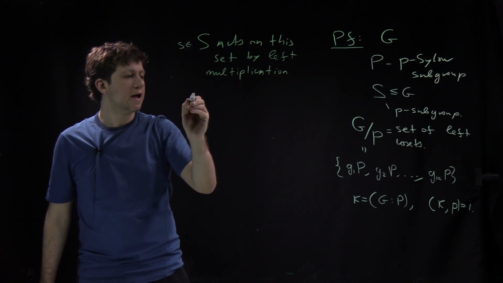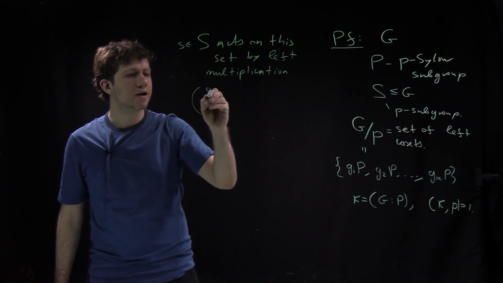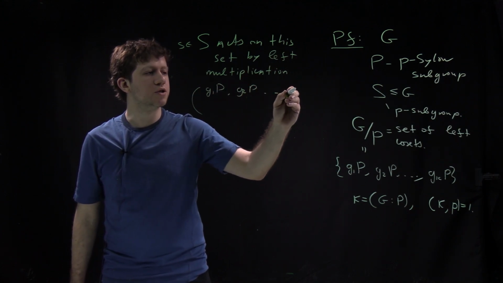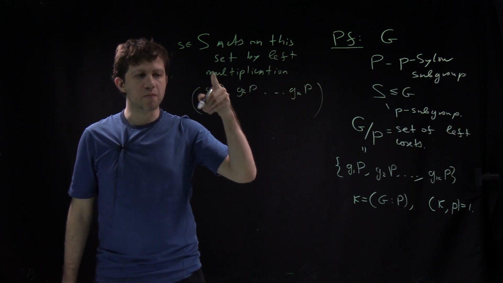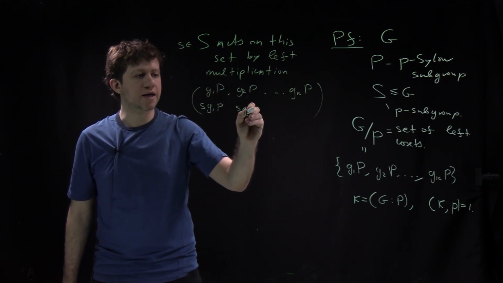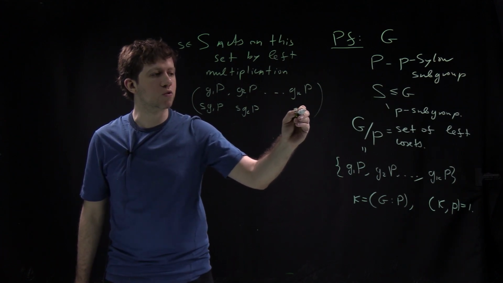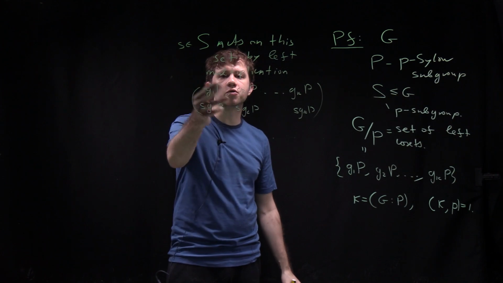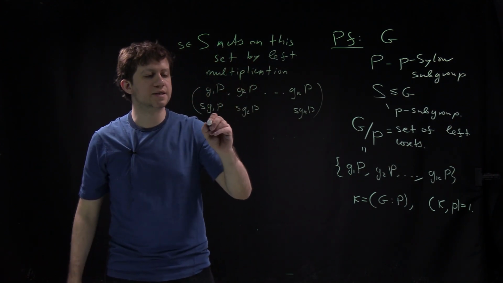If you wish, in an informal way, you can think that you have some element s, and then you just take the k cosets g1P, g2P, and so on up to gkP, and you multiply each of them by s, and cosets will go to cosets. That's the basic property, and so you have a permutation. So that's that permutation.